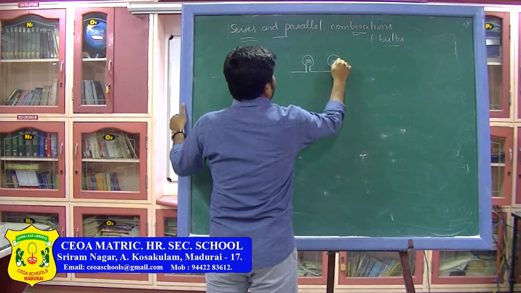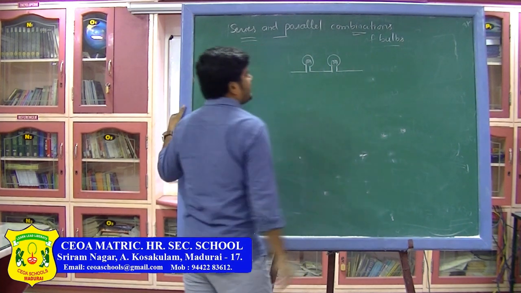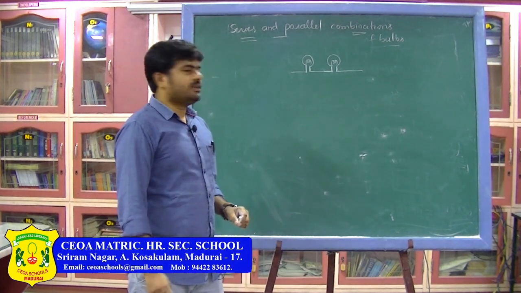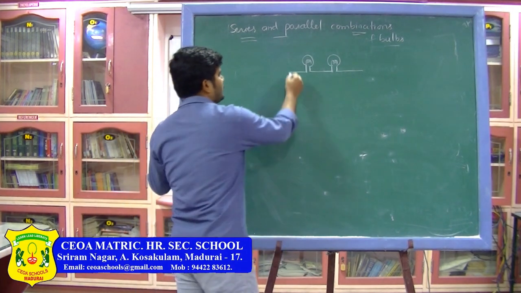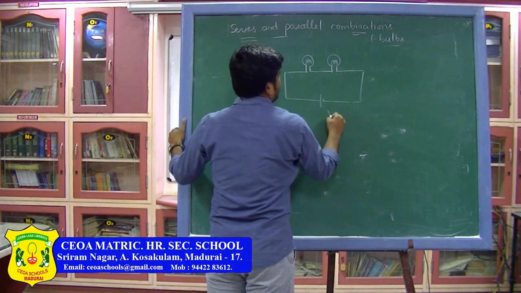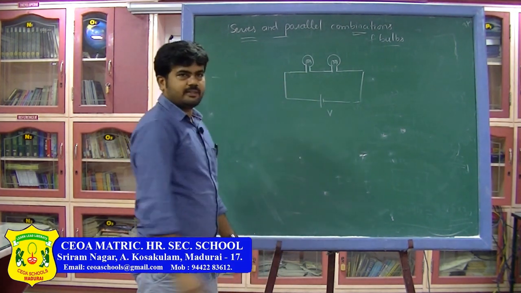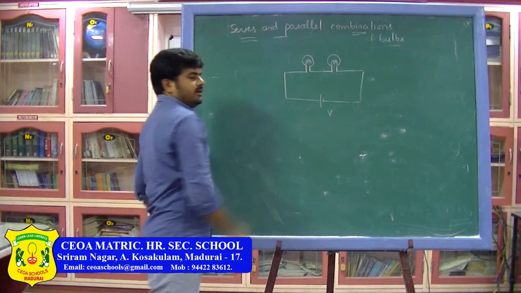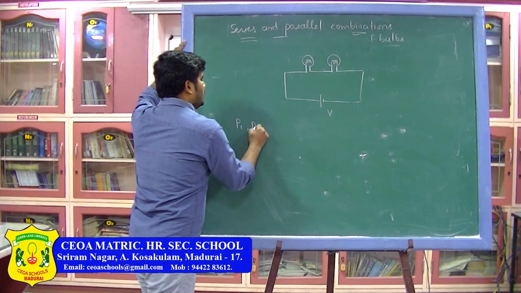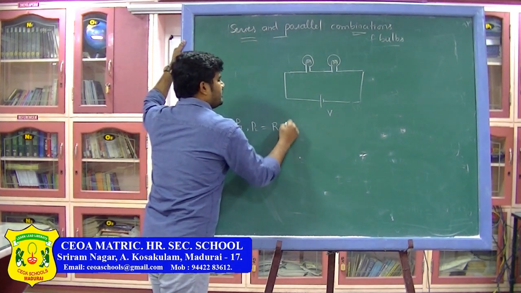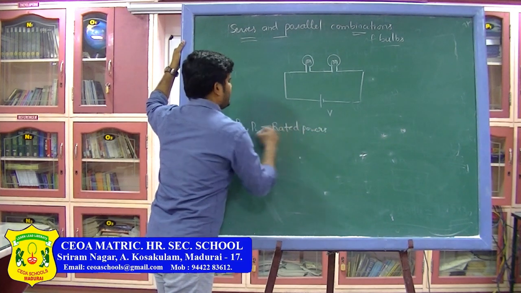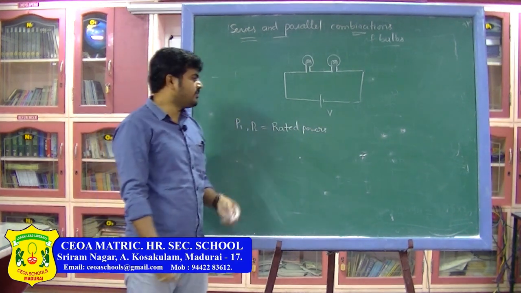We know series connection means end to end connection such that the current in each component in the circuit remains the same. These are the two bulbs which are connected to a potential, say V volts. Now let us take the rated values. Let P1, P2 be the rated powers, simply the wattage values.